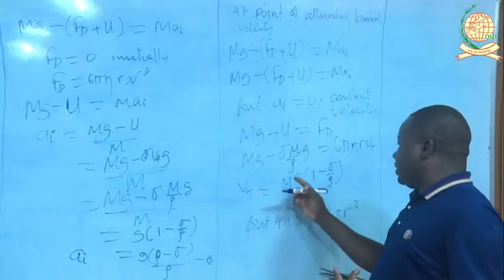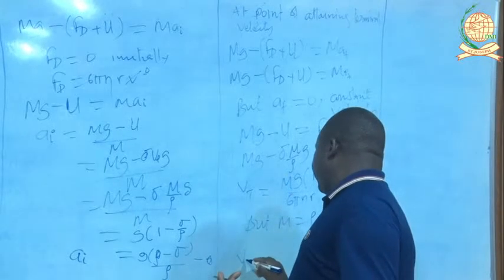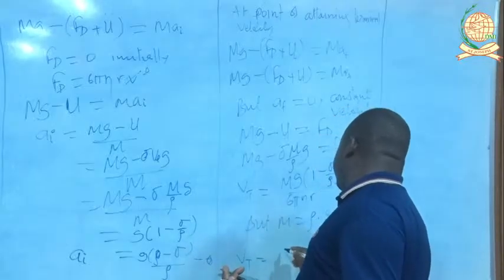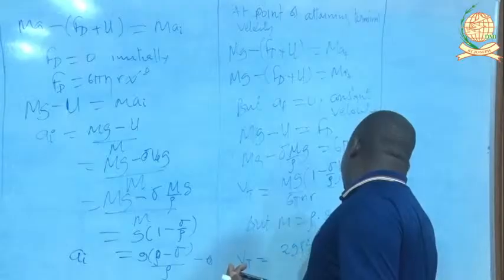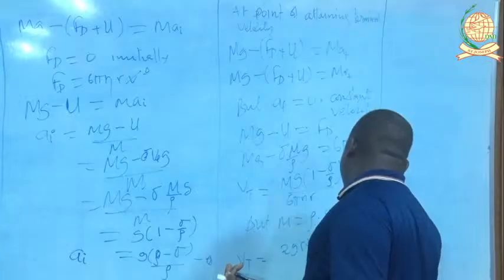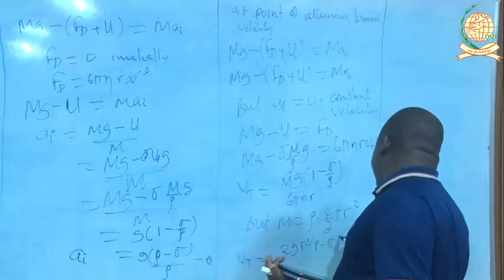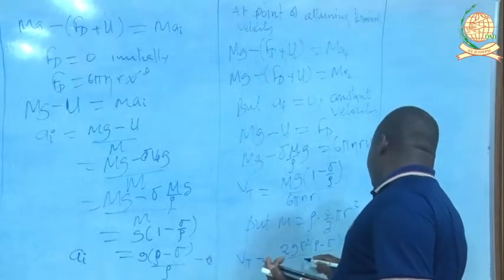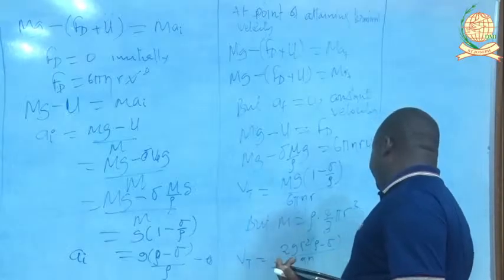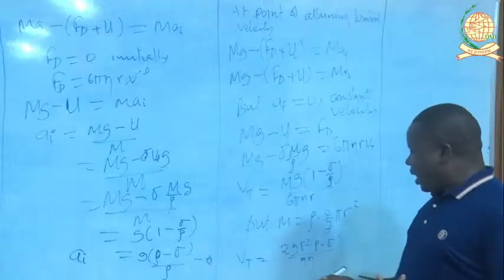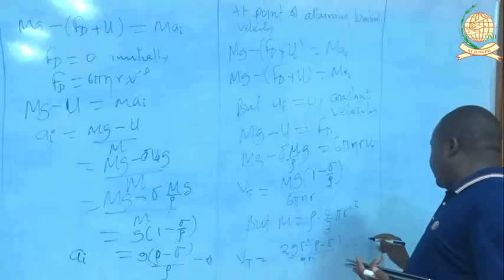If we substitute it there, you have terminal velocity equals 2g r square bracket density of the solid minus density of fluid over 9 eta. So this is the second equation.